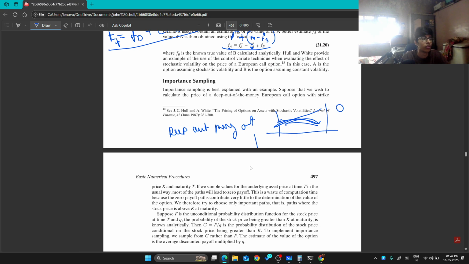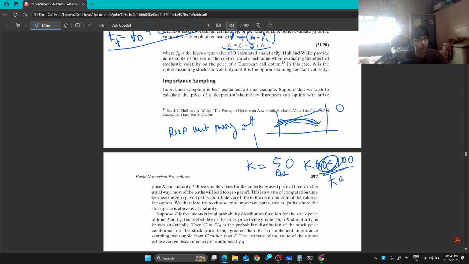So for a strike price, let's say 50, with an out-of-money put option, we will put a condition to sample the strike price from 40 to 100 only, so we will not consider deep out of money.